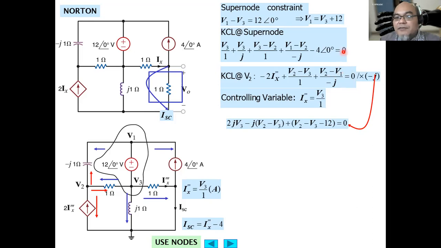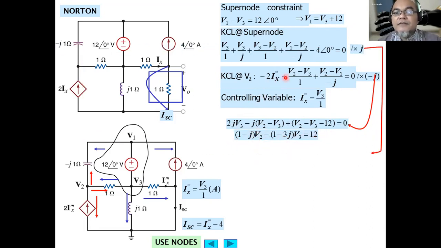Substituting V1 equals V3 plus 12, this becomes V2 minus V3 minus 12 equals 0. Simplifying further, we obtain 1 minus J V2 minus 1 minus 3J V3 equals 12. We still have V2 here.